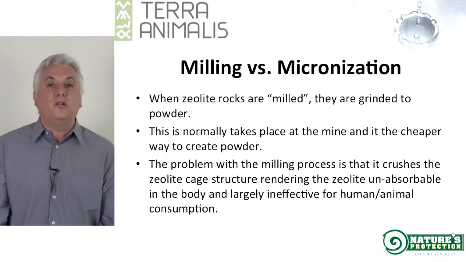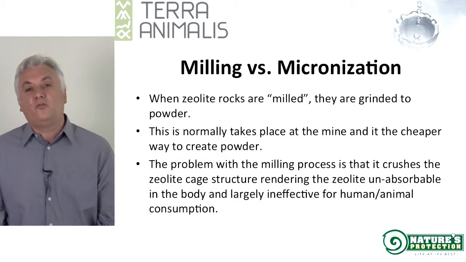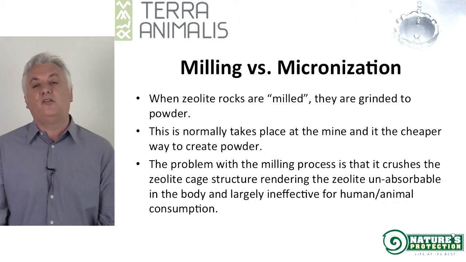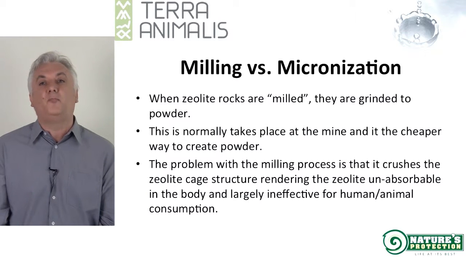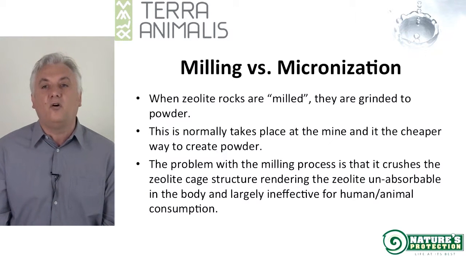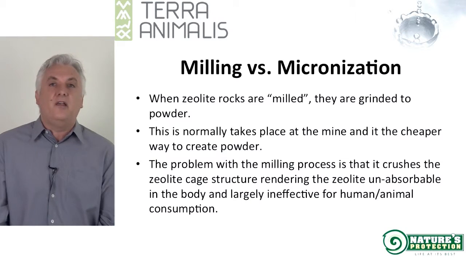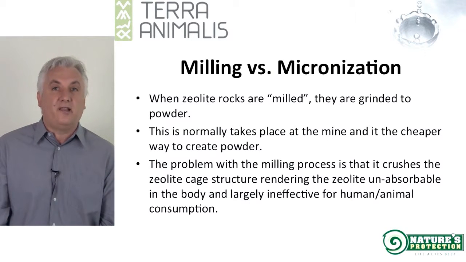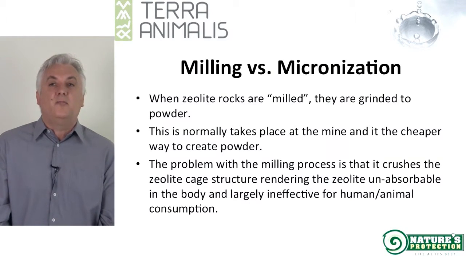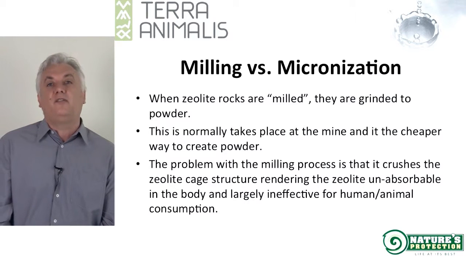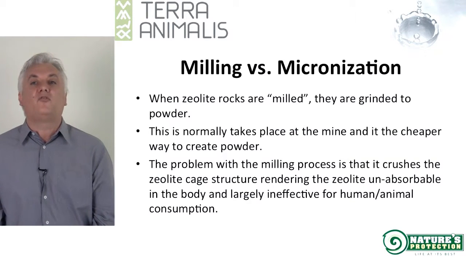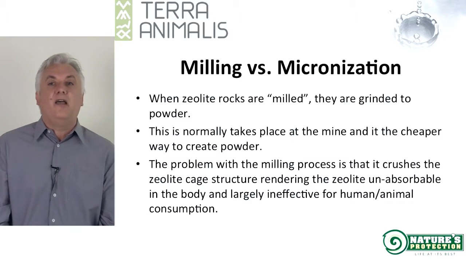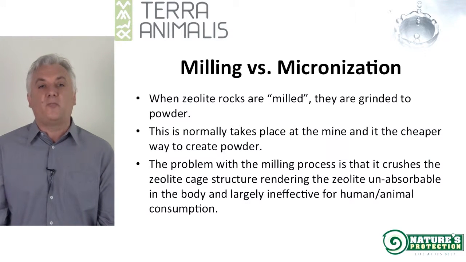One way is milled, so they are ground to powder. It usually takes place at the mine, when the zeolite is being mined, and it is cheap to create the powder. But what is going on when you create the powder? First, you cannot mill it to that kind of small particles, but also when you mill it, there is a danger that you will destroy the cage structure of the zeolites and decrease the ion exchange capacity.